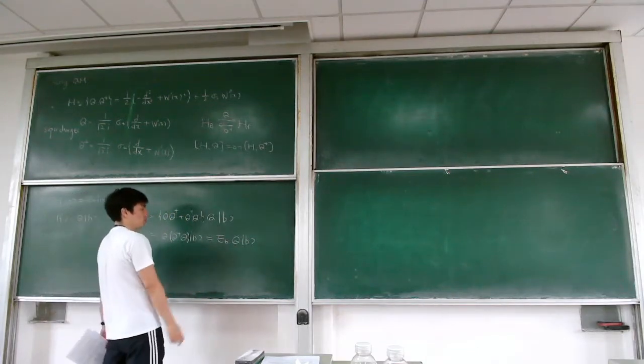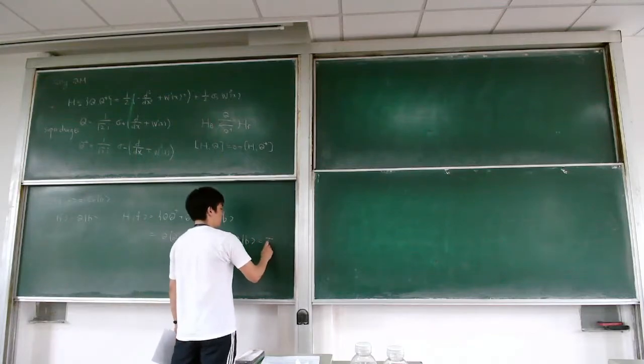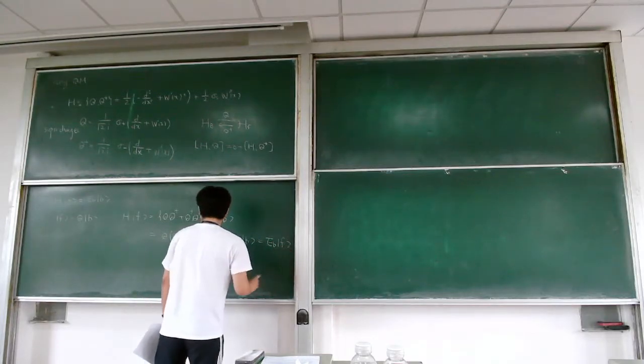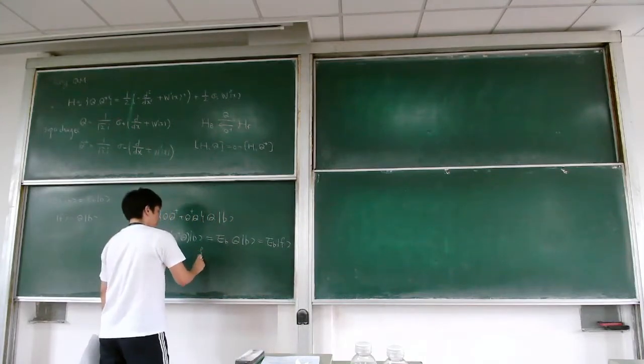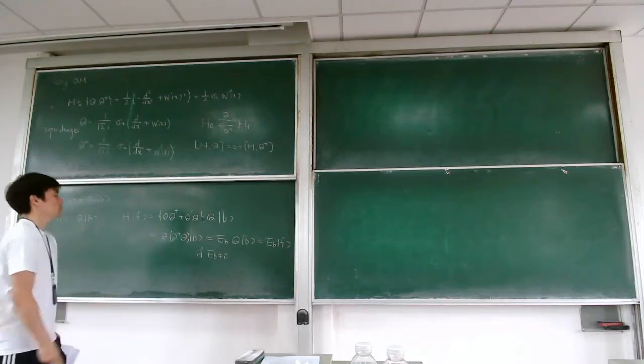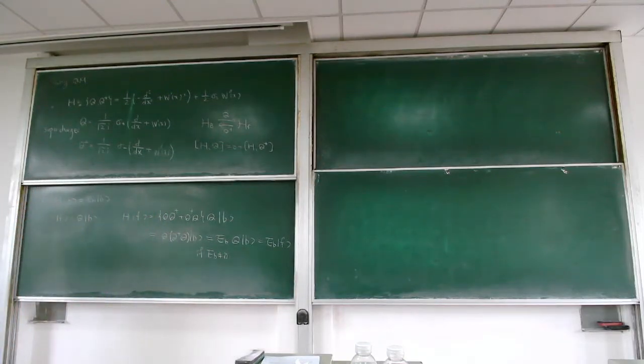You commute with Q, so you get that this is equal to E_B times F, if E_B is non-zero. So that's what we have seen.